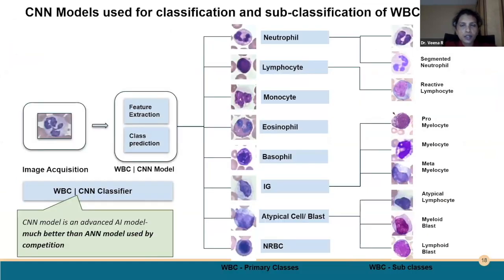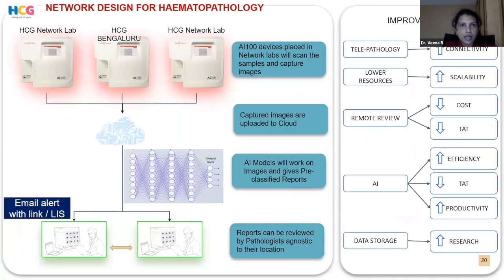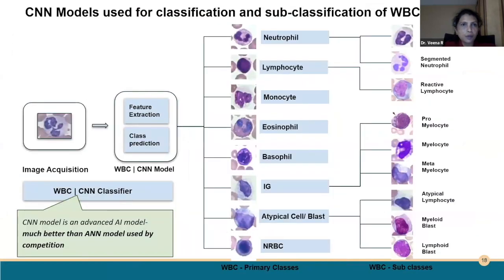As she has already explained, we can have a look at the morphology. This has an inbuilt AI which works on the CNN model, that is the convolutional neural network model, which subclassifies the WBC. This way, the clinicians were very happy because they were able to get an accurate count of the blasts, as well as the presence or absence of blasts, and also an approximation of the possible diagnosis.